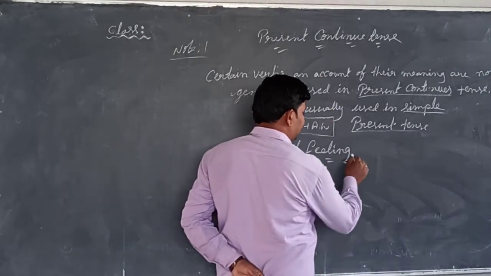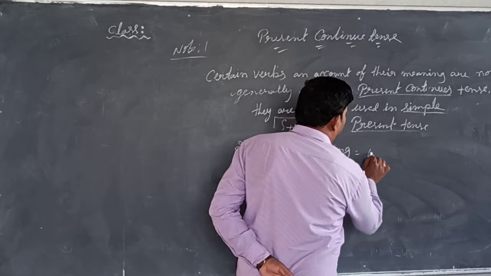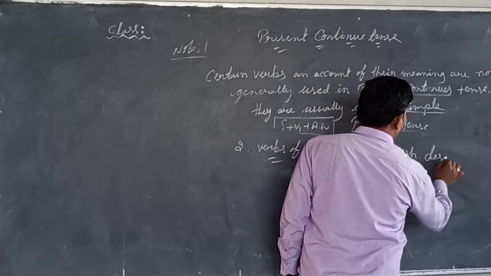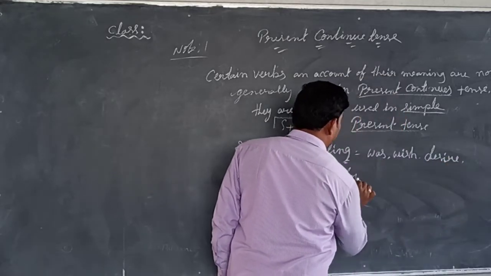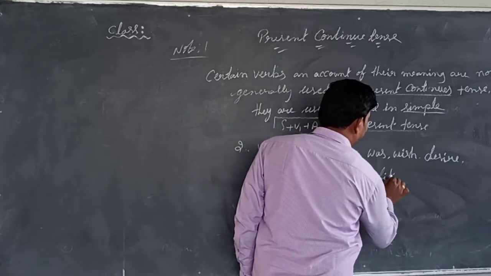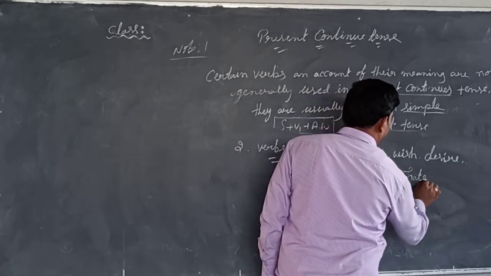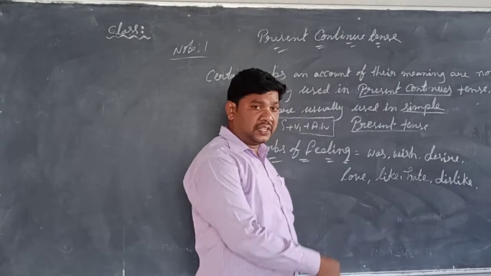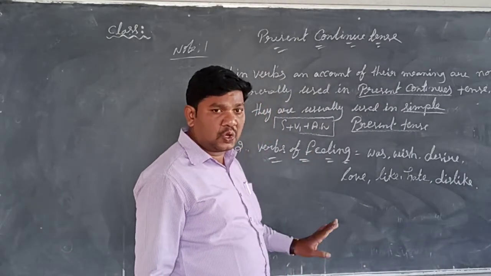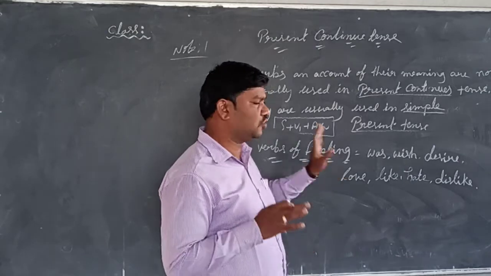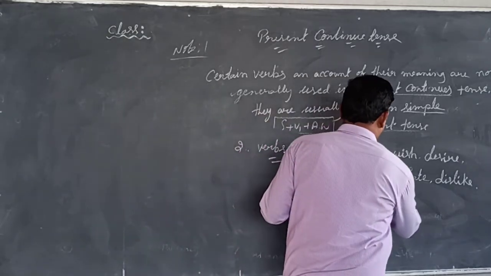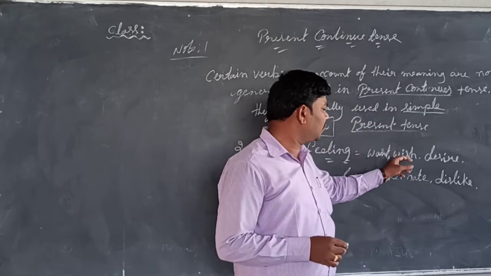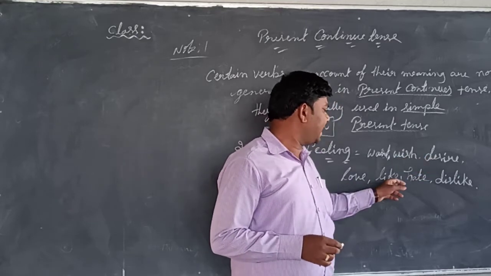Those verbs are, for example, want, wish, desire, love, like, hate, dislike. Students, see this: verbs of feeling.